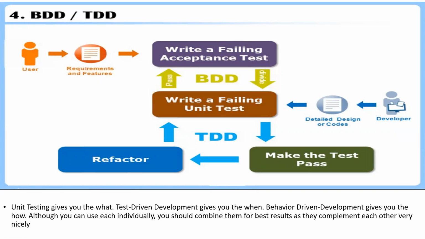Let us say when I give login credentials, username and password, it should go to some main page. This is the flow. In TDD, he will just look at the design aspect, like there is a screen with username and password fields. He will write a test case by seeing that, and execute. But when it comes to behavior driven development, he will look at the requirements and features. He will not look at the design. He will look at the requirement, like when I click on the OK button, it should go to the main page.